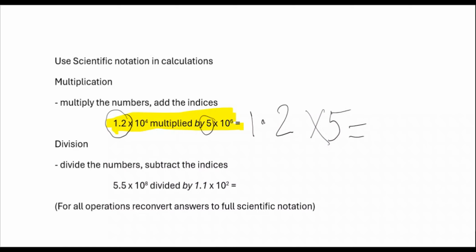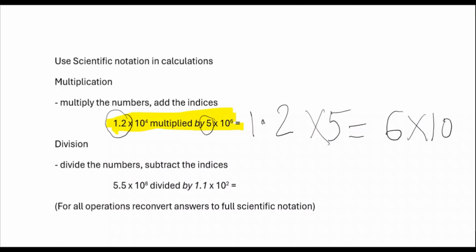When you multiply 1.2 by 5, what do you get? Your answer is 6. Now, times 10.